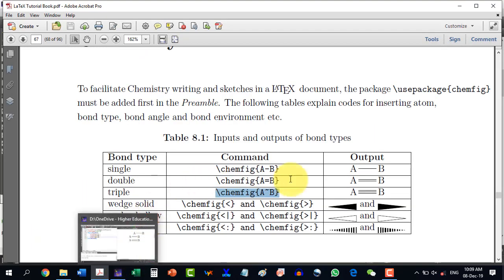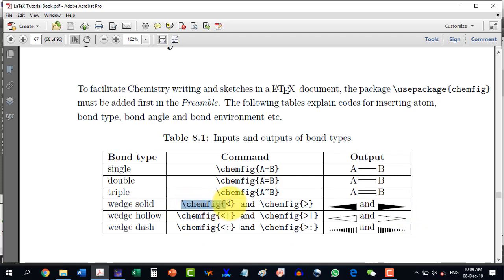Similarly, the different wedges, whether solid, hollow, or dash, can be done with these commands, like \chemfig and the less than symbol, and then the text is written. In this we can write any text, and here with the greater than symbol, it will create a solid wedge.